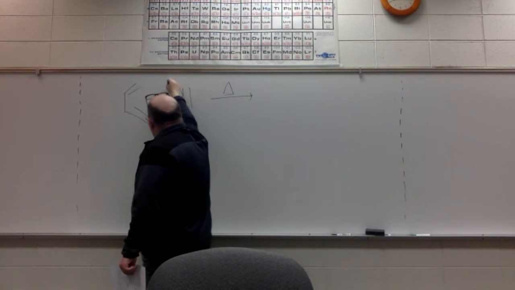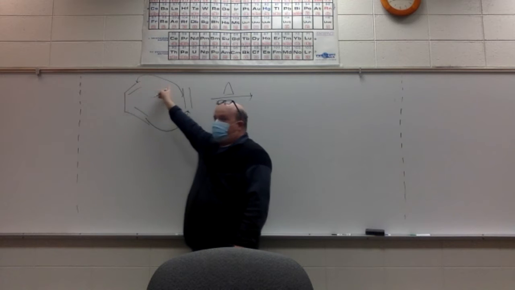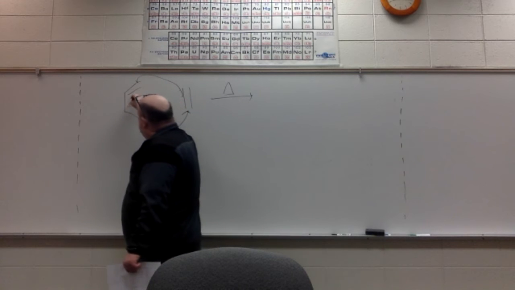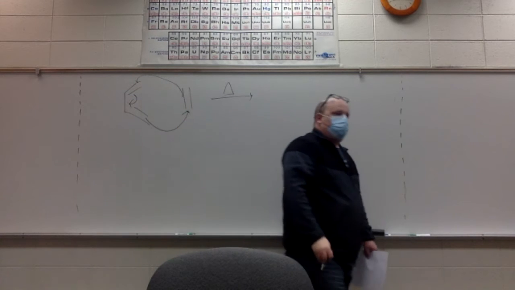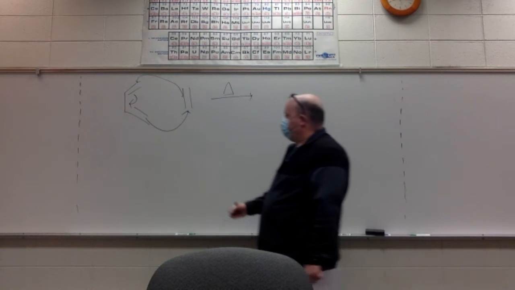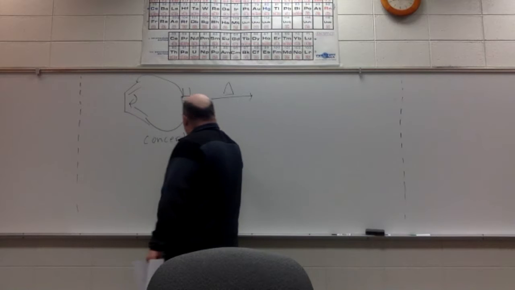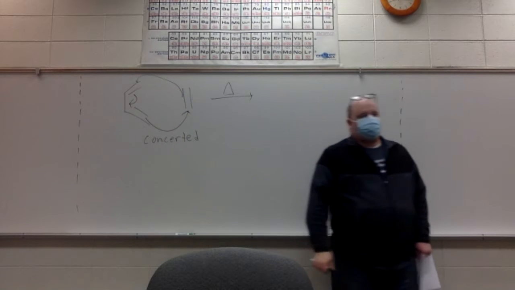This pair of electrons will move over here and make a bond between these 2 carbons. And this pair of electrons will hop down and form a pi bond between those 2 carbons. That is the universal Diels-Alder mechanism. Completely concerted. All of this happens at one time.